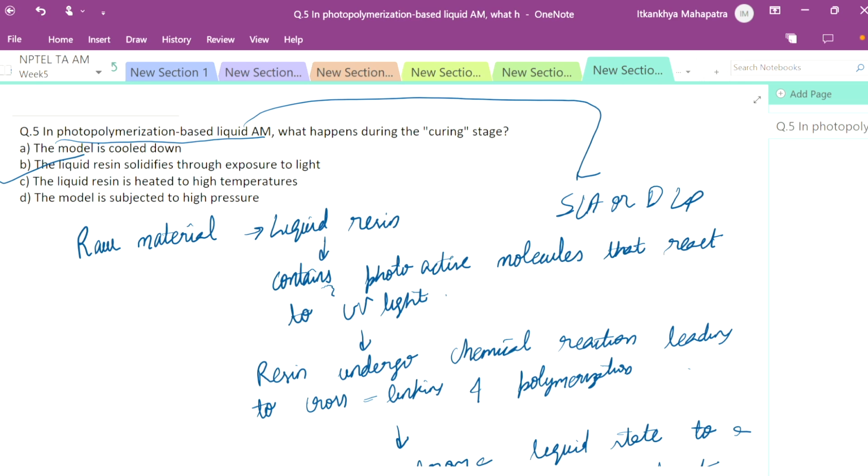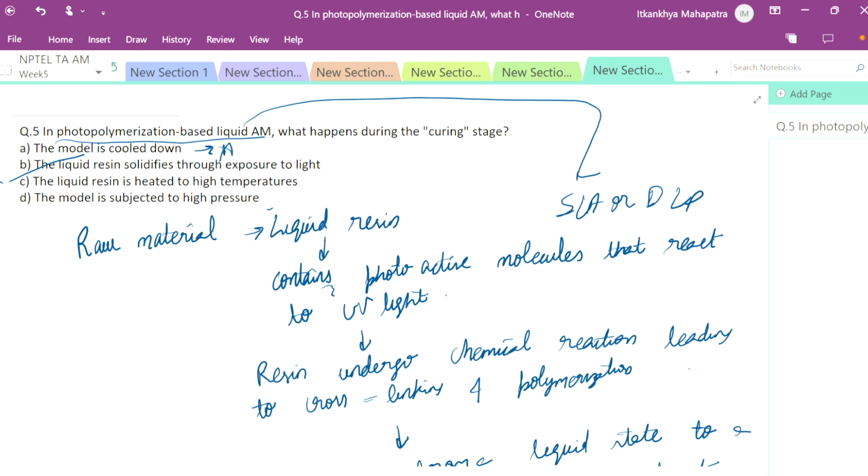Okay. Now we'll talk about the other options which are not correct. Cooling down the model is typically not a part of the curing stage. Heating the liquid to a high temperature could potentially have a negative effect on the curing process. Subjecting the model to high pressure is not a standard procedure during the curing stage in photopolymerization based 3D printing.